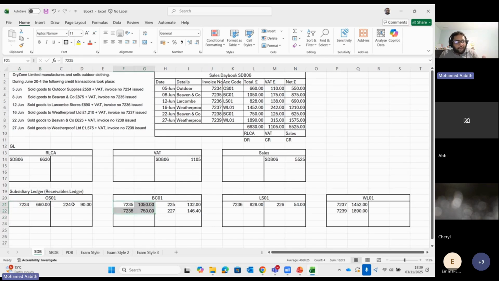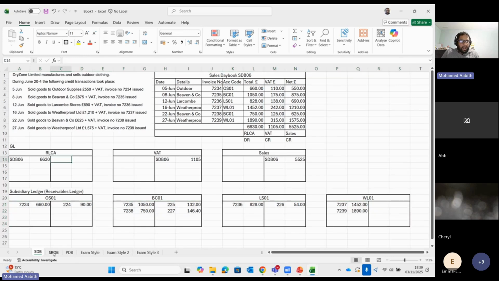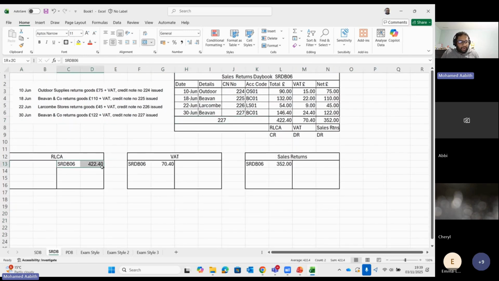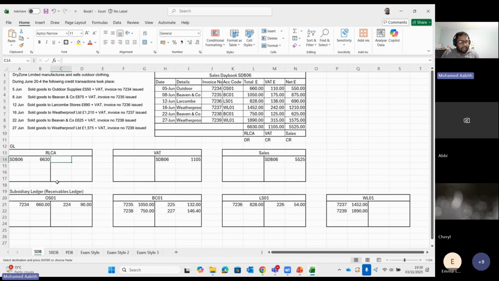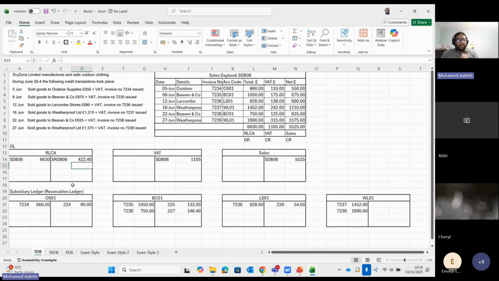When we give a credit note to the customers, it will reduce the balance. So once you reconcile these four accounts, your RLCA will look similar this way. So if I copy these two and paste it here, equal to that amount, the debits will match the debits here and your credits will match the credits in this one.